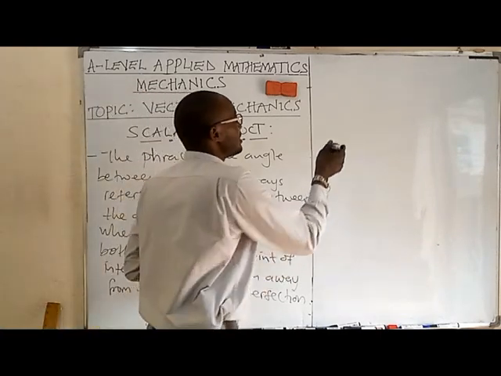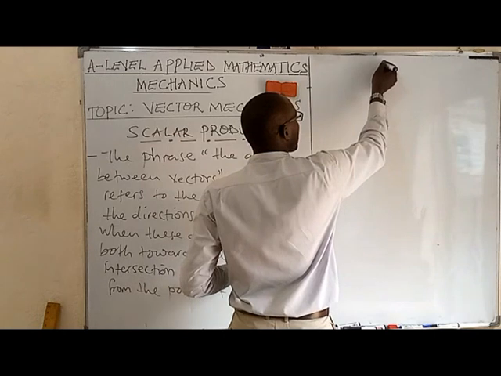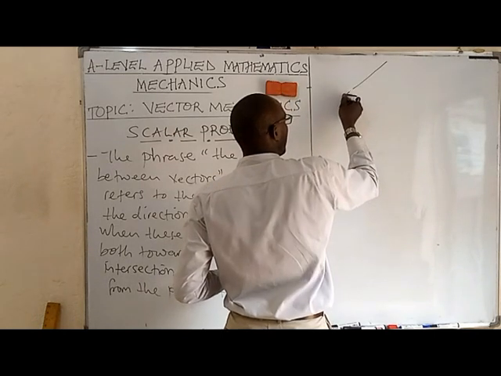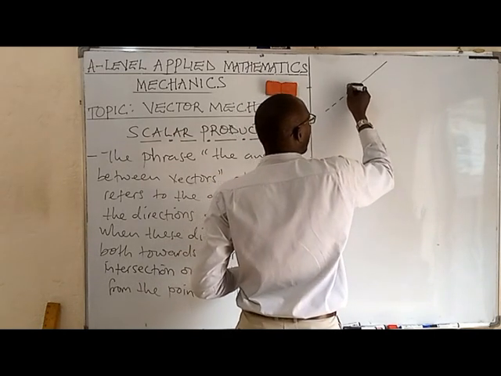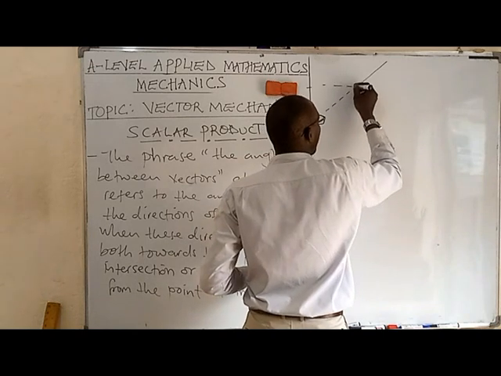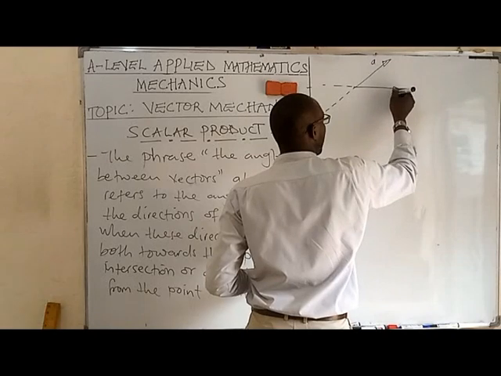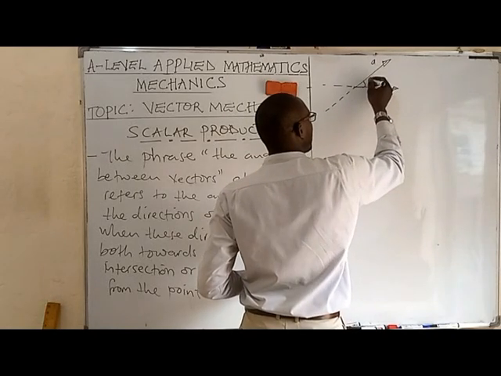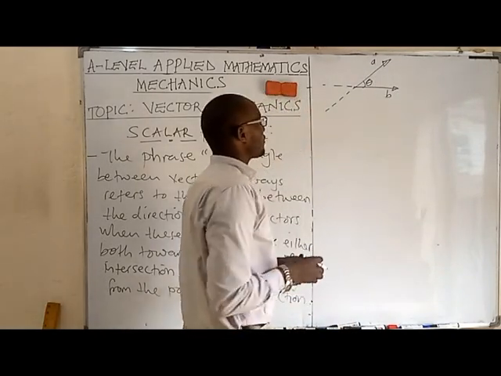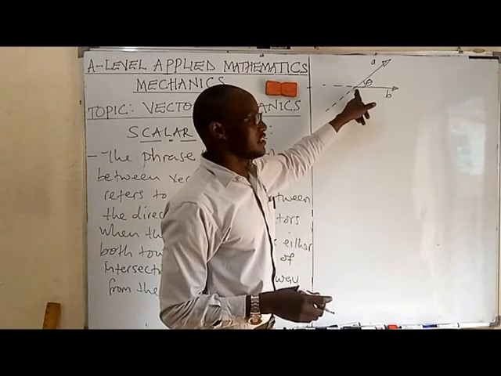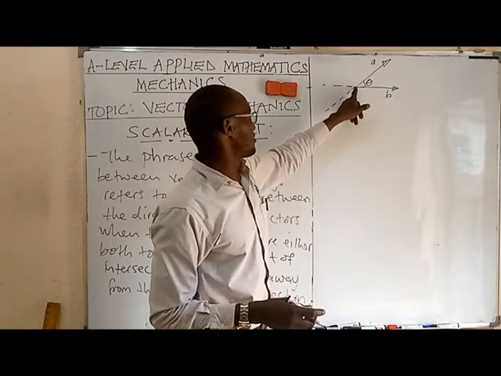So what I'm trying to mean is this. If you have, for example, this vector and then another vector, this is vector A and this is vector B. The point of intersection is this.